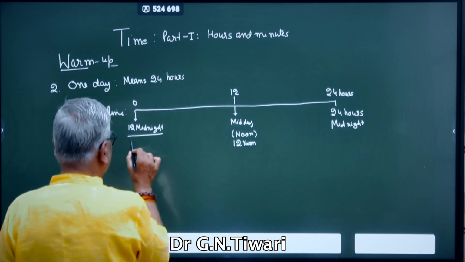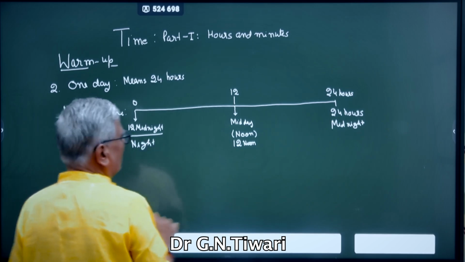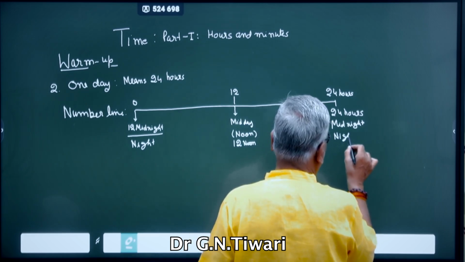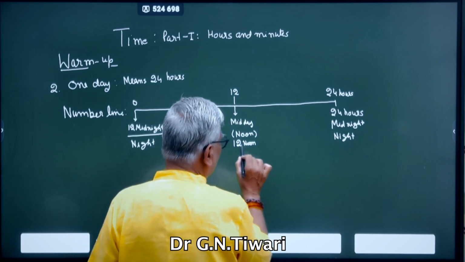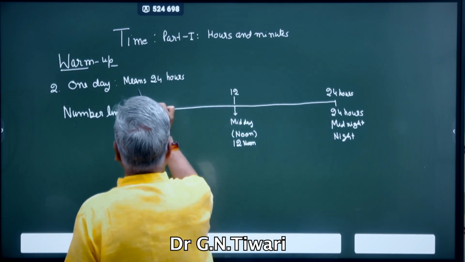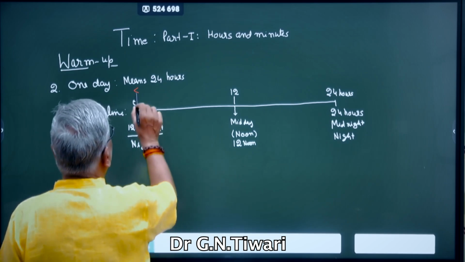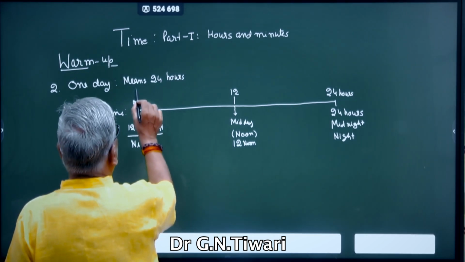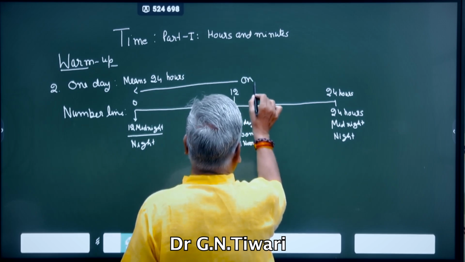You can say also night, N-I-G-H-T. And this is also night. So night and noon and again night. This is 12 hours and this is 12 hours. So 1 day will start from here, and if you draw a line, it is 1 day.